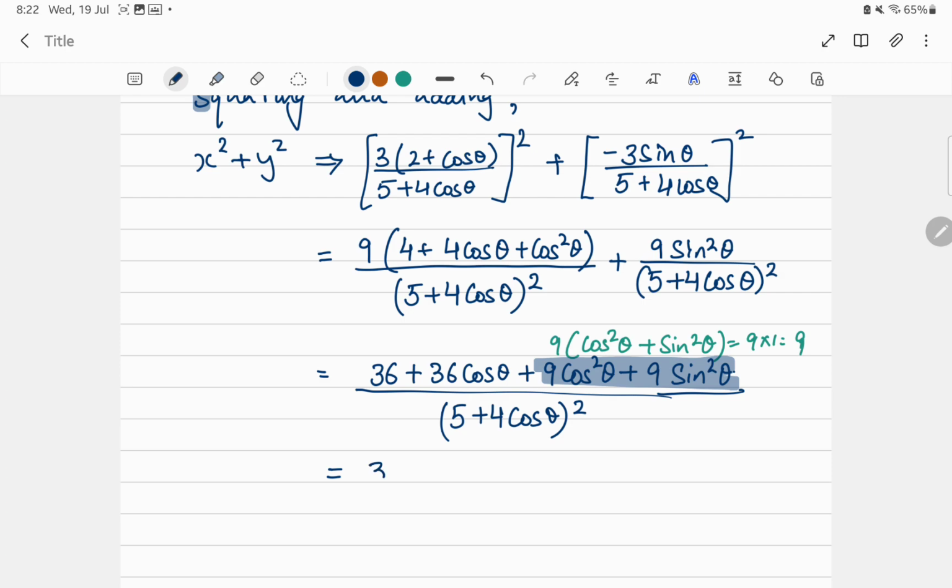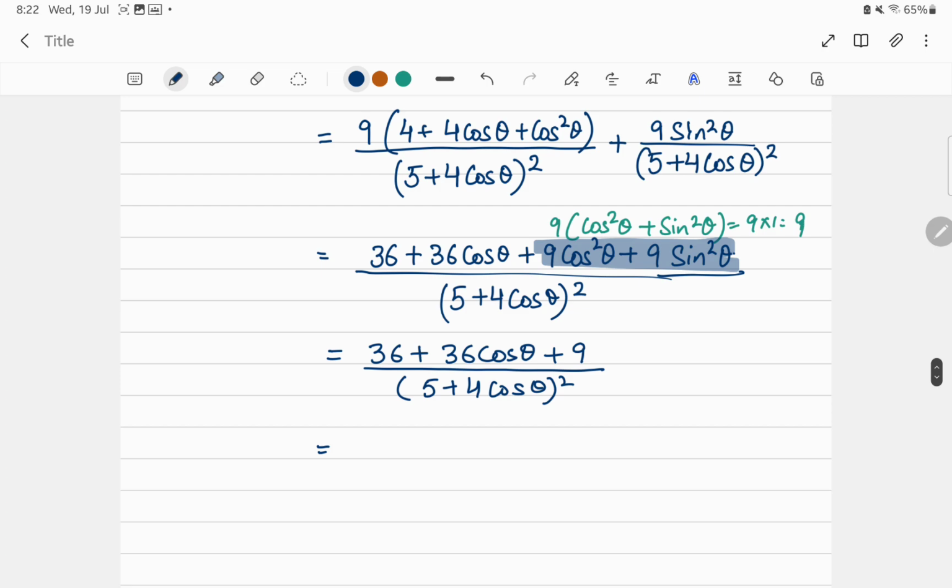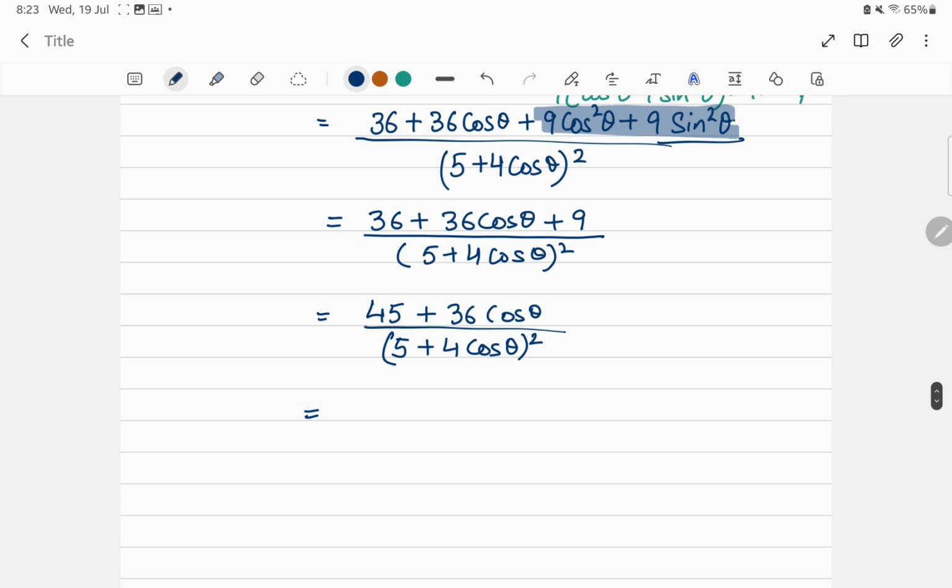So we have now (36 + 36 cos θ + 9) over (5 + 4 cos θ) squared. All right, 36 + 9 will give us 45 + 36 cos θ over (5 + 4 cos θ) squared. Now here 45 and 36 we can have 9 as common, and we are left with (5 + 4 cos θ) over (5 + 4 cos θ) squared.